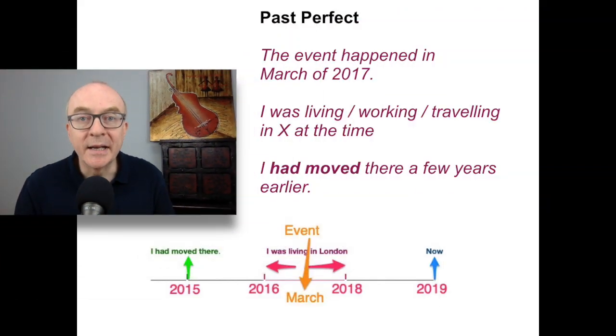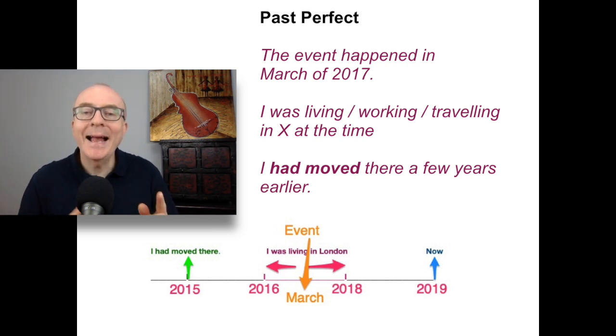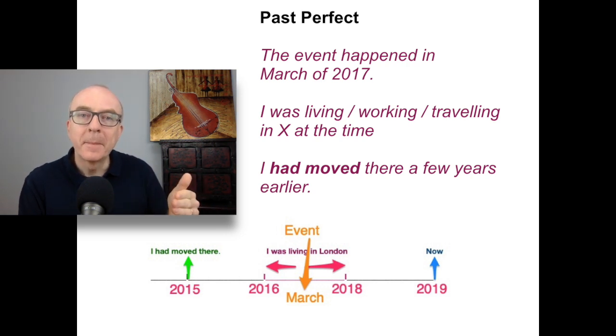So if you imagine here, now, it's 2019, I was living in London between 2016 and 2018. When this event happened in March 2017, but I had moved there in 2015. It's a point before the point in the past.